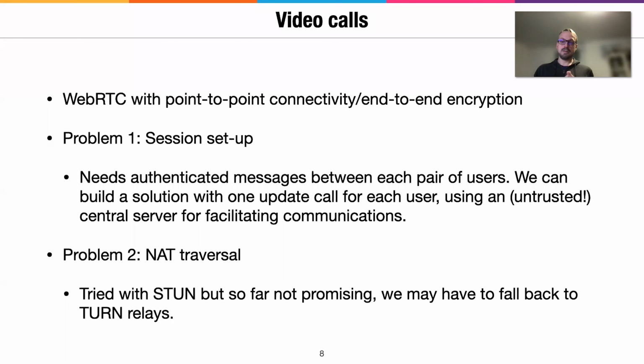But there are two ways in which it's not quite point-to-point. The first is that we need some way to set up the session. Initially, you have two devices and you want them to share a cryptographic key so you can do end-to-end encryption. How do you get that key exchange in the beginning?